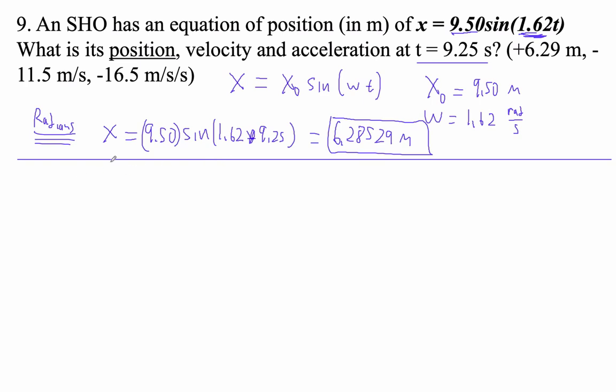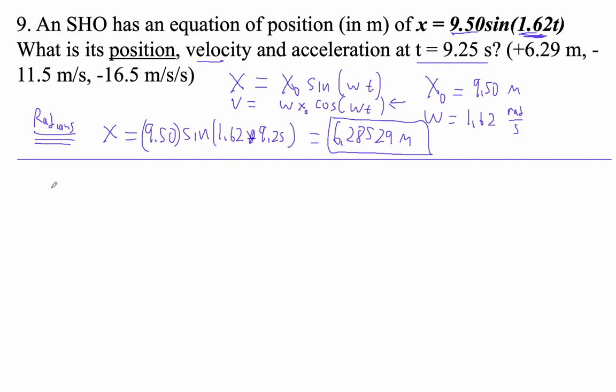So if we want the velocity, we have to use the corresponding velocity equation, and that is v equals omega x naught cos omega t. And this comes from the chain rule. People who are studying calculus, the derivative of sine is cosine, and then the derivative of the function inside is just omega, and it comes out.